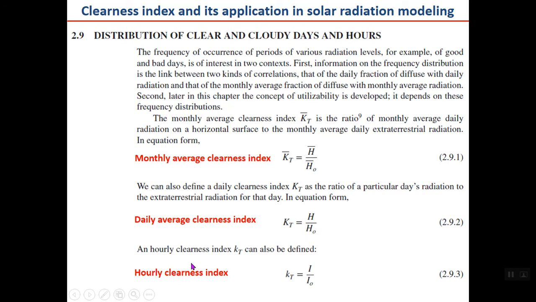In the same way, hourly Clearness Index can be defined, which, as you can see here, is the hourly irradiation on the Earth to the hourly extraterrestrial radiation. You may remember that we have formulas for I0 and H0 from chapter 1 of the book.